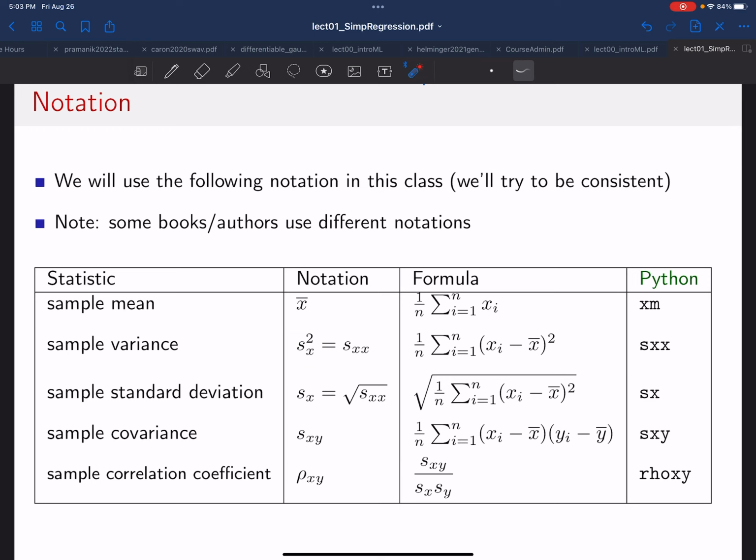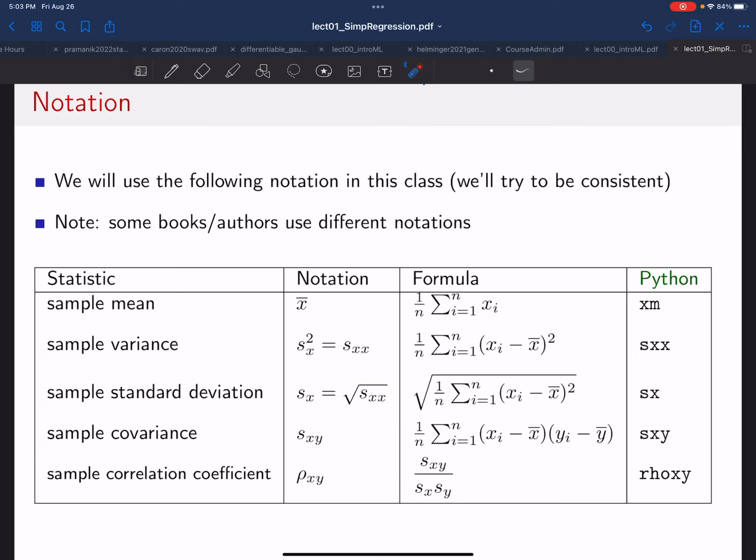So you can write it 2 ways: sx squared, or sxx in a subscript. 2 common ways to write it. And the sample standard deviation is nothing more than taking the square root of that sxx.